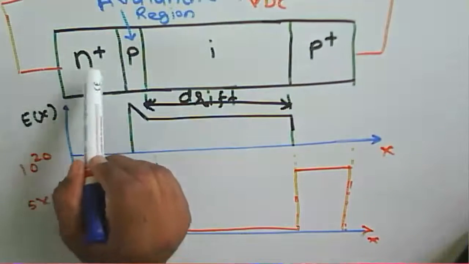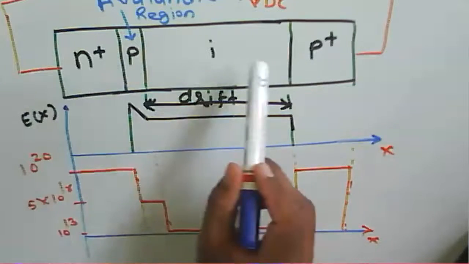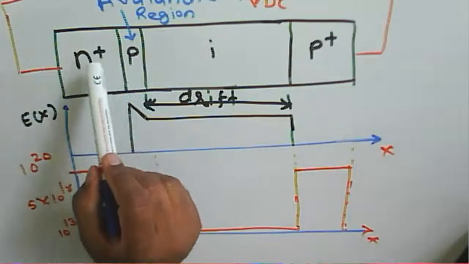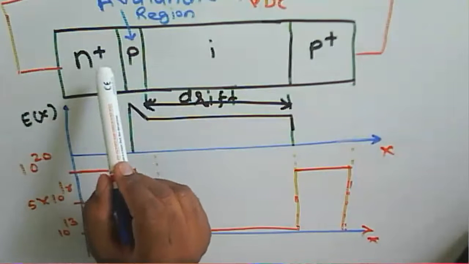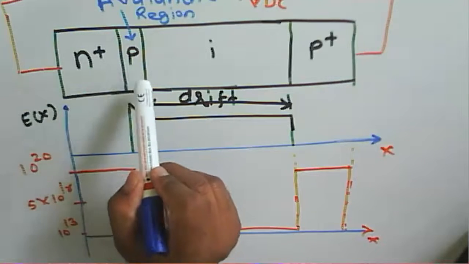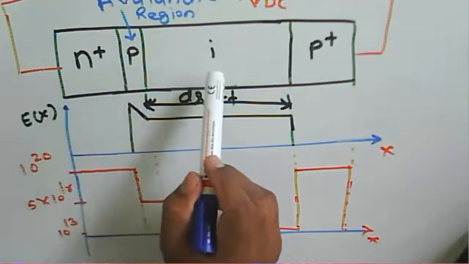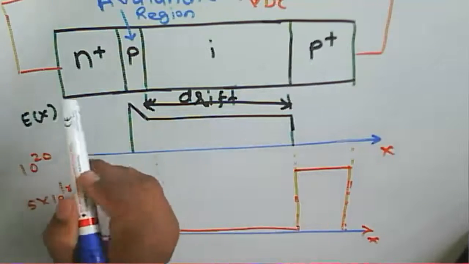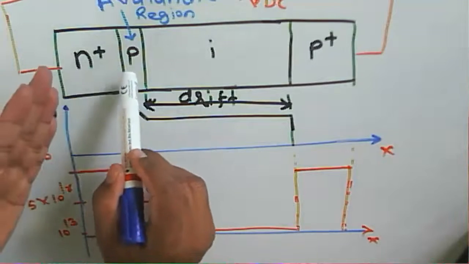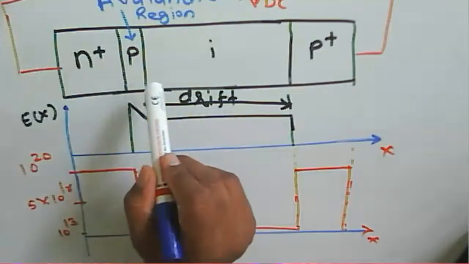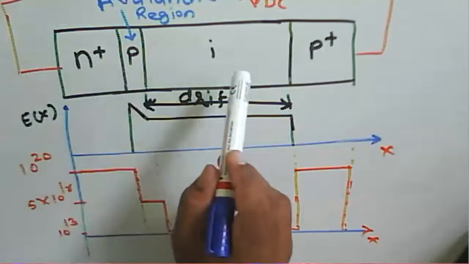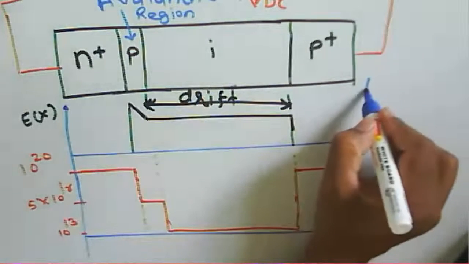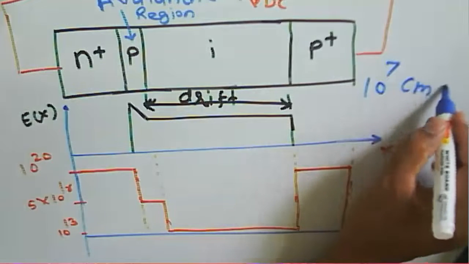So we use proper dopant material in n plus and P plus so that avalanche multiplication takes place there, and the holes drift through this space charge region toward the P plus region. The holes have some velocity, called the drift velocity, which is equal to 10 to the power 7 centimeter per second.